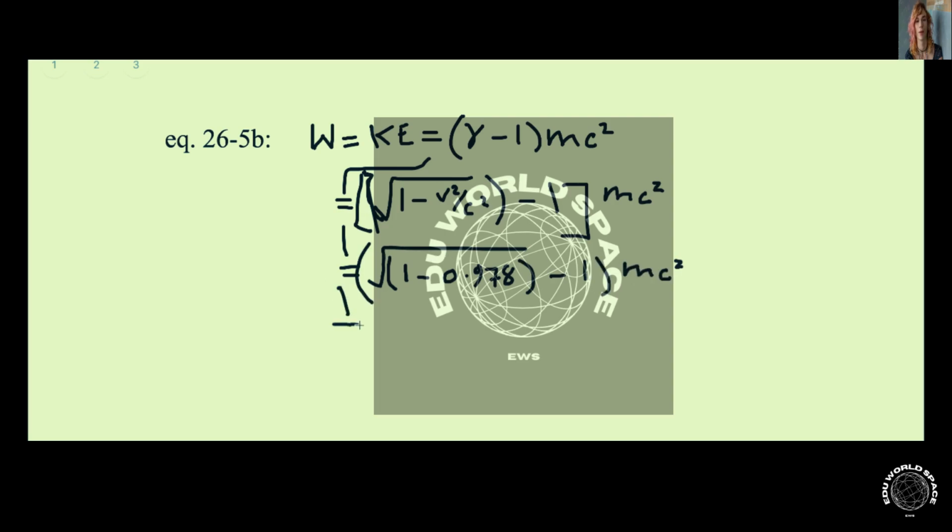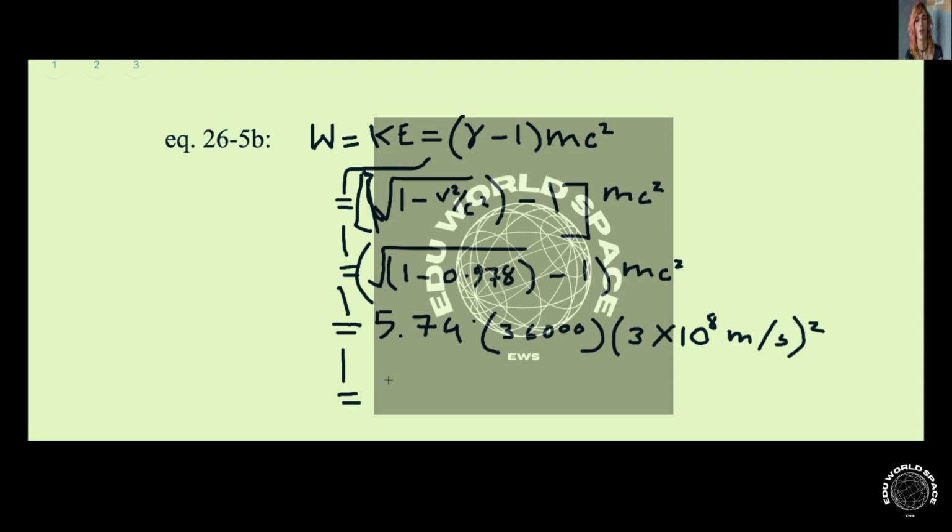And so you get something like 5.74 times your mass, which is 36,000 kilograms, times your speed of light. And we're using SI units, so this will be in meters per second. Speed of light, as we know, is 3 times 10 to the 8 meters per second. Square that.